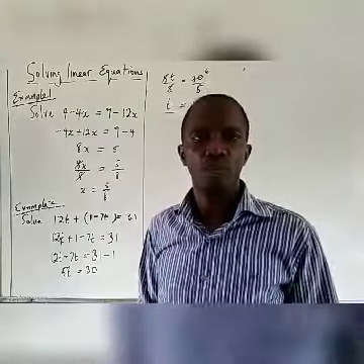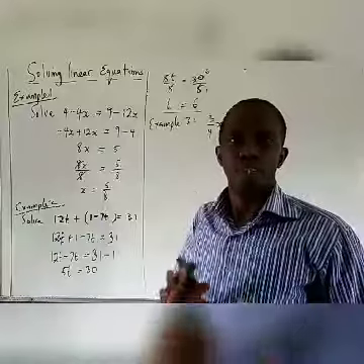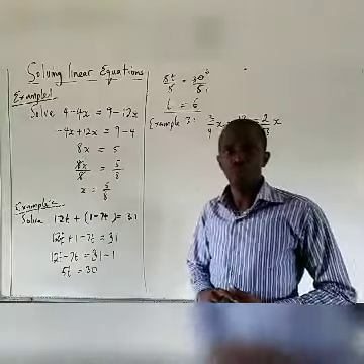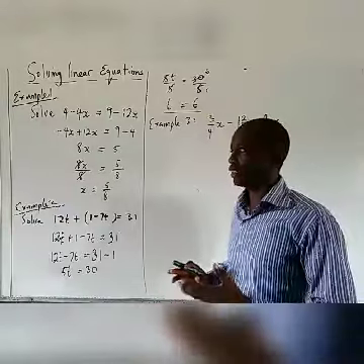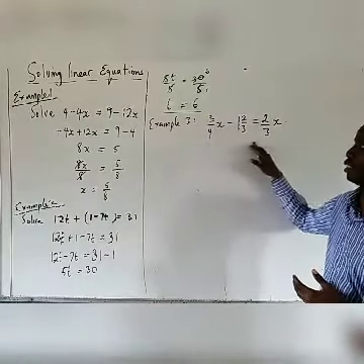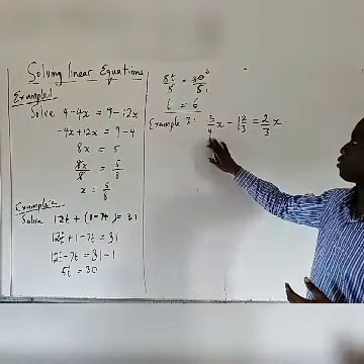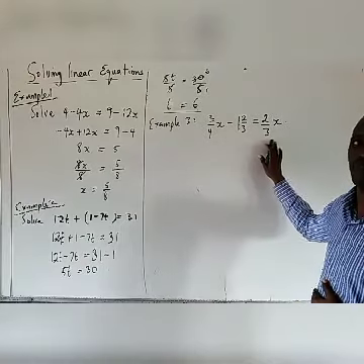Now let's take one more example. In this third example, we are going to be seeing how we solve equations involving fractions. Now here, you can see the fractions. We have a proper fraction, we have a mixed fraction, we also have a proper fraction.